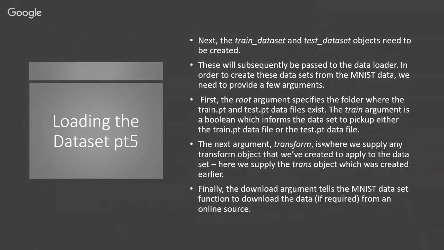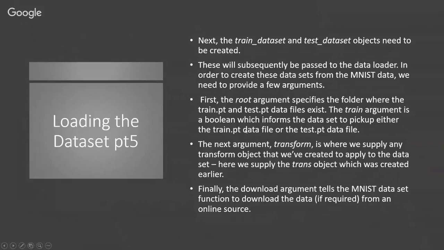Next, the train dataset and the test dataset objects need to be created. These will subsequently be passed to the data loader in order to create these datasets from the MNIST dataset. First, the root argument specifies the folder where the train.pt and test.pt data files exist.